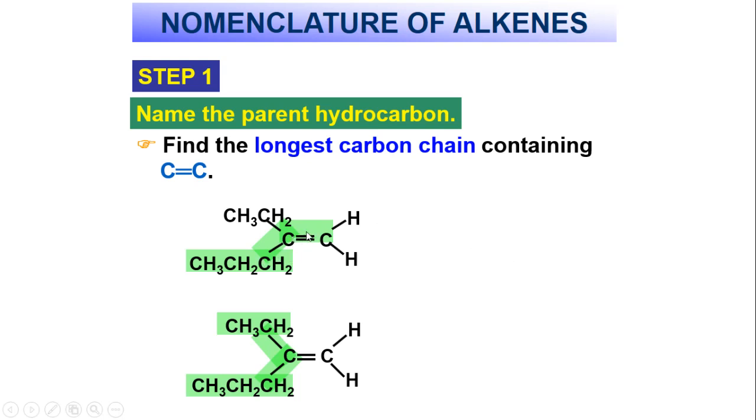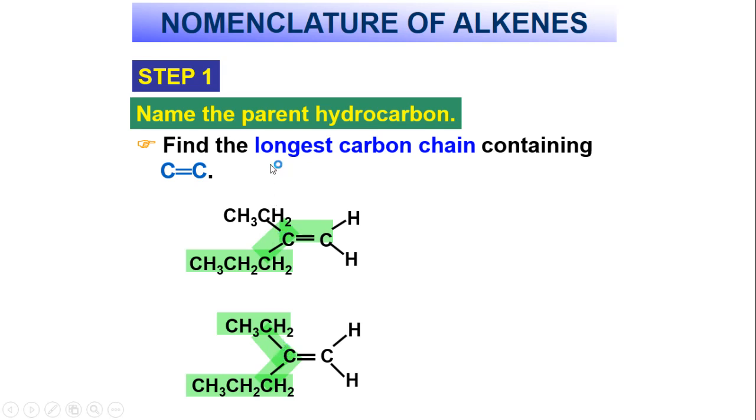If you look at this one, it has moved 1, 2, 3, 4, 5. Then there is this one, which has moved 1, 2, 3, 4, 5, 6. In a normal circumstance, the second one seems to have more carbons.